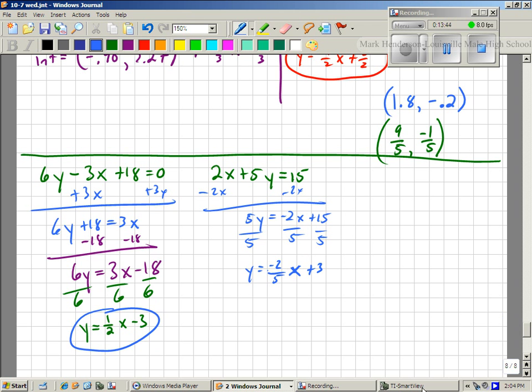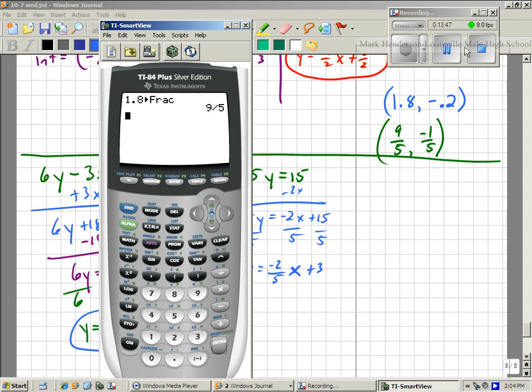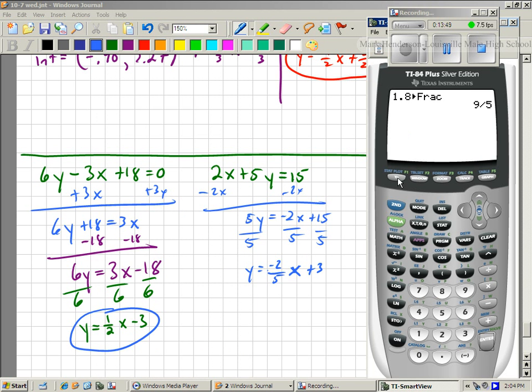After that, you just put these two equations in your calculator. Let me get it out of the way over here. So 1/2 x minus 3 and negative 2 over 5 x plus 3. Oops, plus sign to pop up. Plus 3.